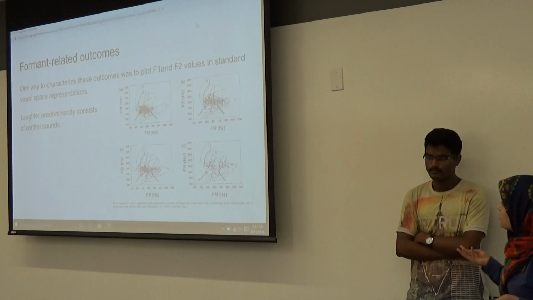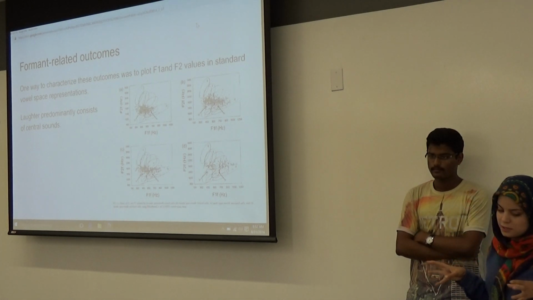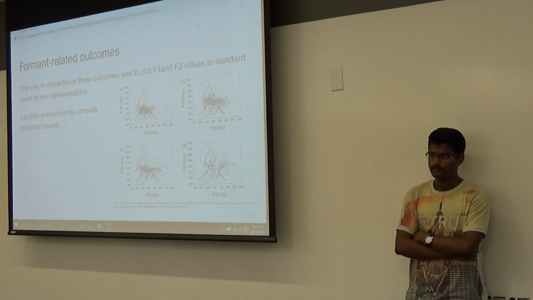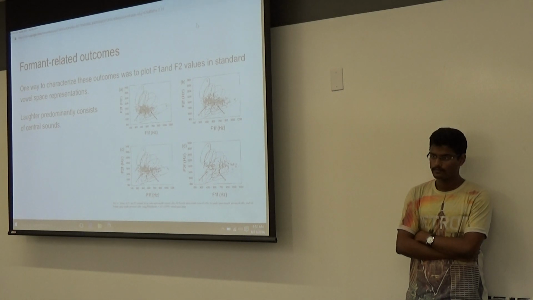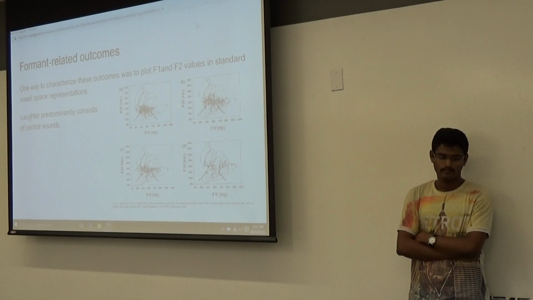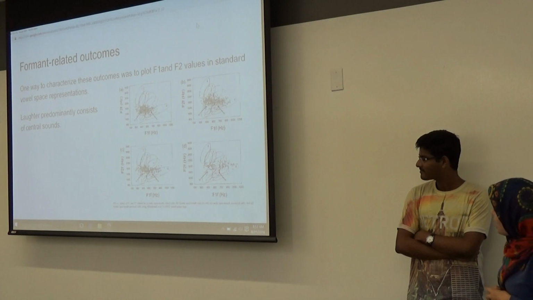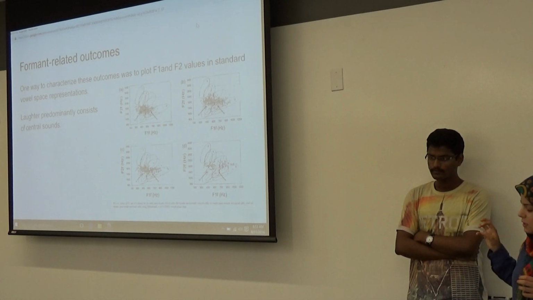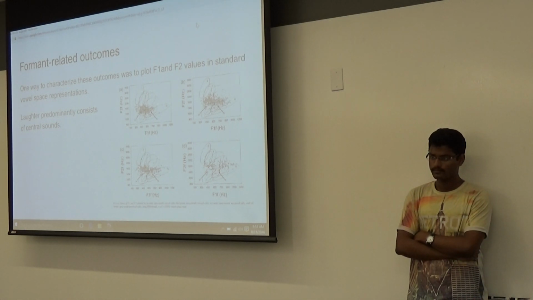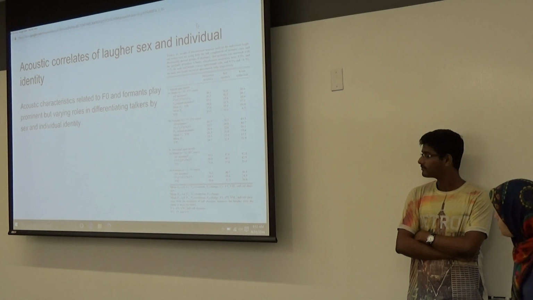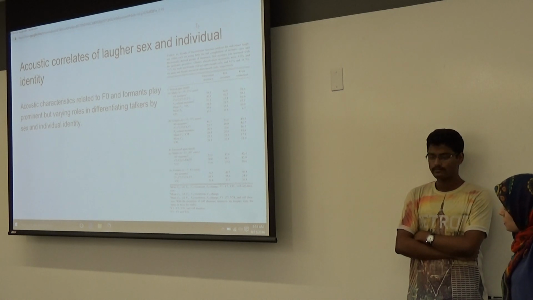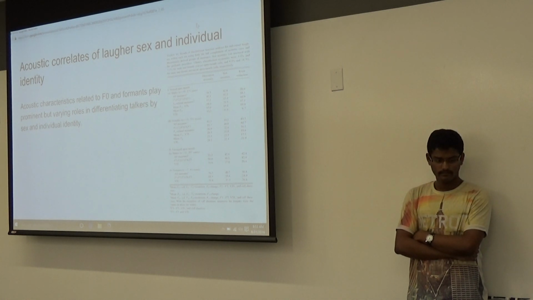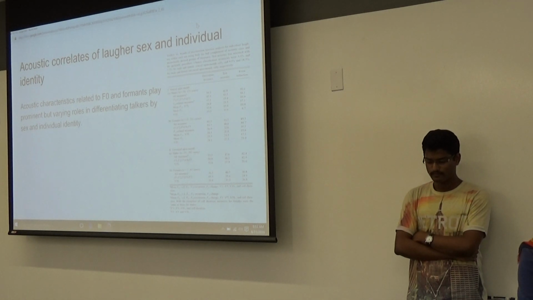The interesting thing in this experiment was that they plotted F1 and F2 on a standard vowel space representation, which I didn't know existed for this. They showed that most acoustic laughter relies on the central unarticulated sound. The last experiment was the classification of acoustic features for genders and individual identities.